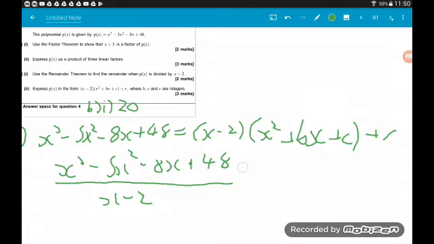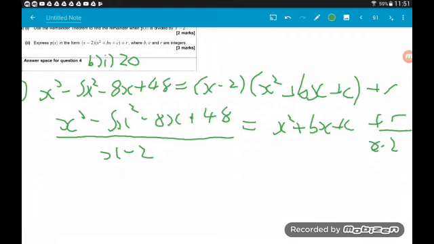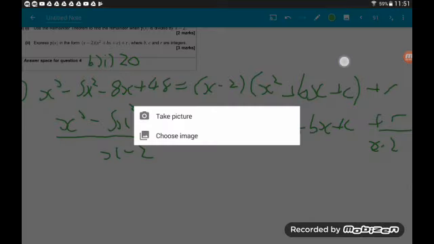Now that is going to give us the quadratic, so x squared plus bx plus c plus the remainder over x minus 2. So if we now do the division, we can find the quadratic. We know the remainder is 20 already, but let's show it. So, algebraic division.